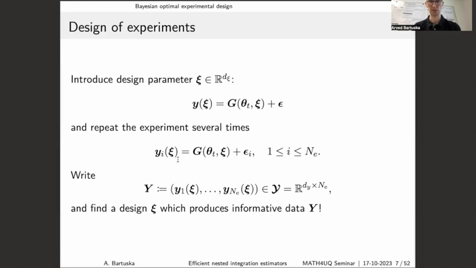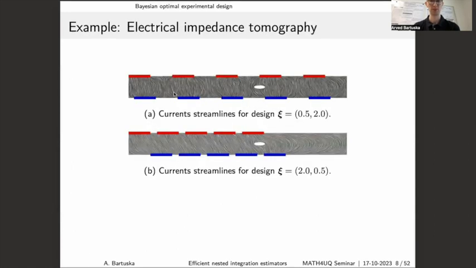And then we want to define this design psi, which produces the most informative Y. So again, for our electrical impedance tomography experiment, what this means is we can move around these electrodes. You see that here on the top, we have a small shift between inlet and outlet electrodes. And on the bottom, we have a large shift, but only a small distance between the electrodes. And here we have a large distance.